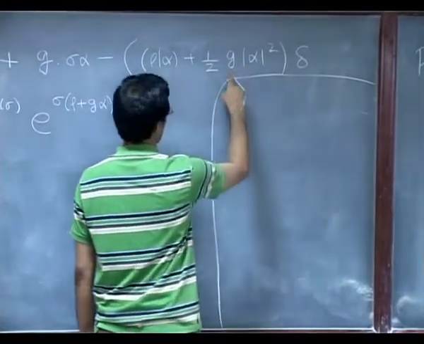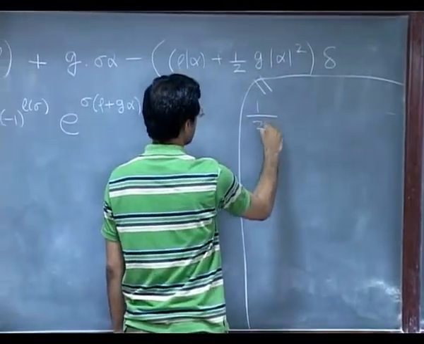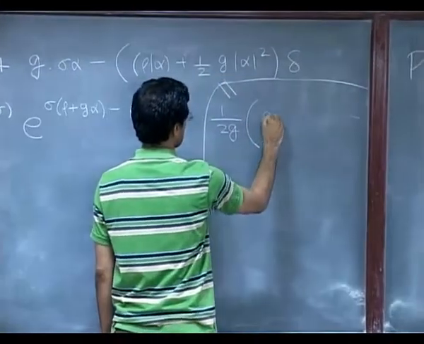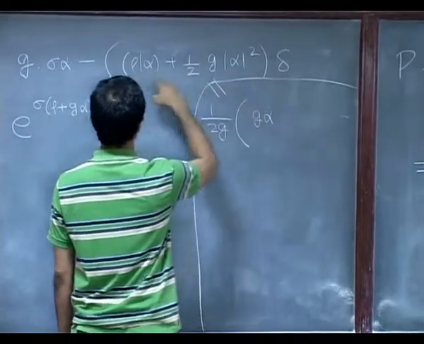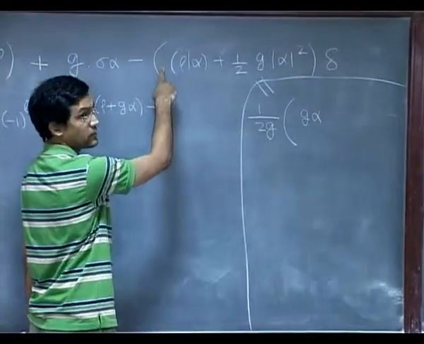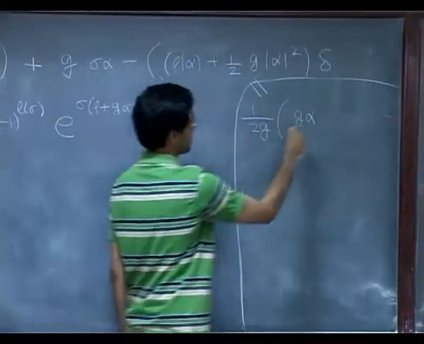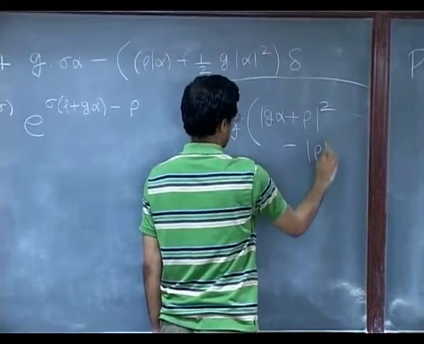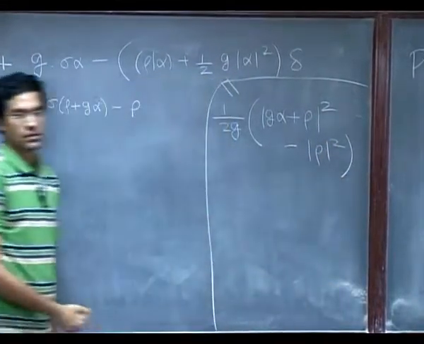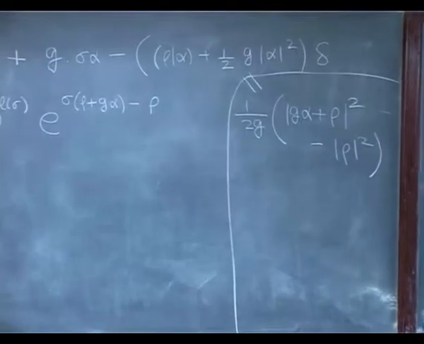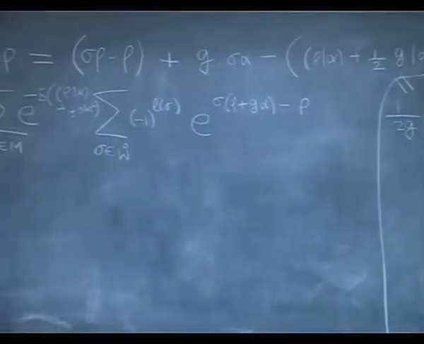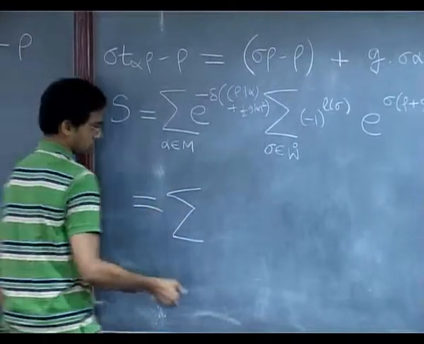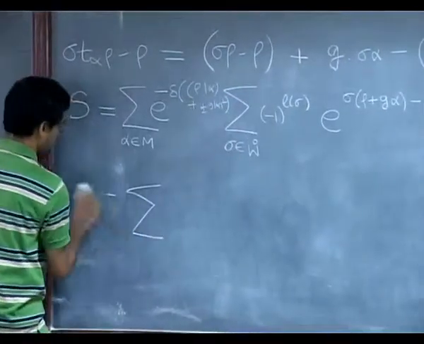I pull out 1 over 2g from here, so it will become g alpha the whole thing squared. I get a 2g here, so the 2g alpha is done, and I need to add rho. So I am just completing the square on that term. That final term which I had is in fact just a constant, which only depends on the rho part.